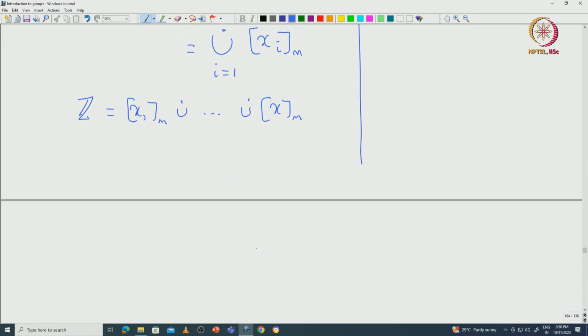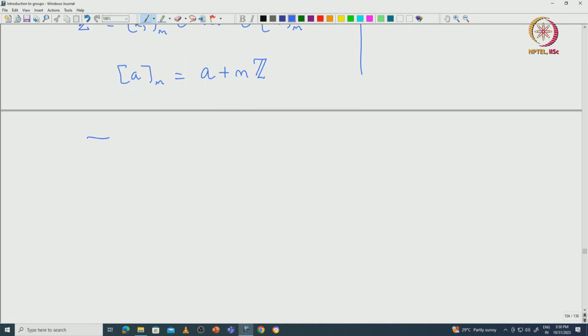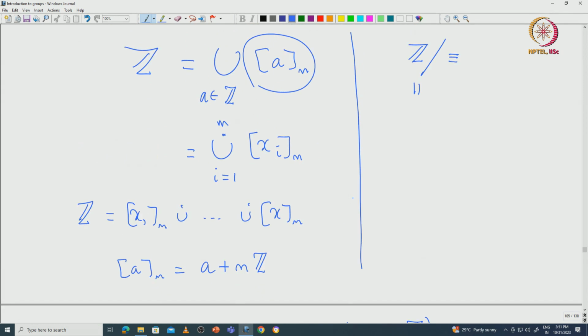Now, we have already seen how the class [a]_m looks: it just looks like a plus mZ. So in particular, you write Z as x1 plus mZ, disjoint union etc., disjoint union xm plus mZ. Okay, so that is what indeed we have proved.